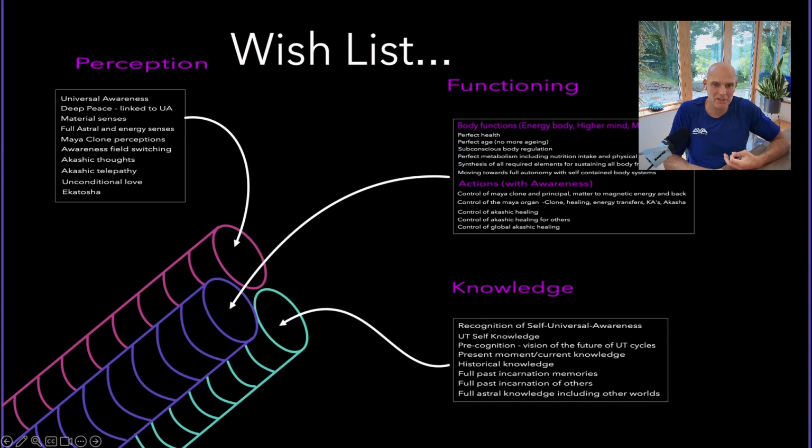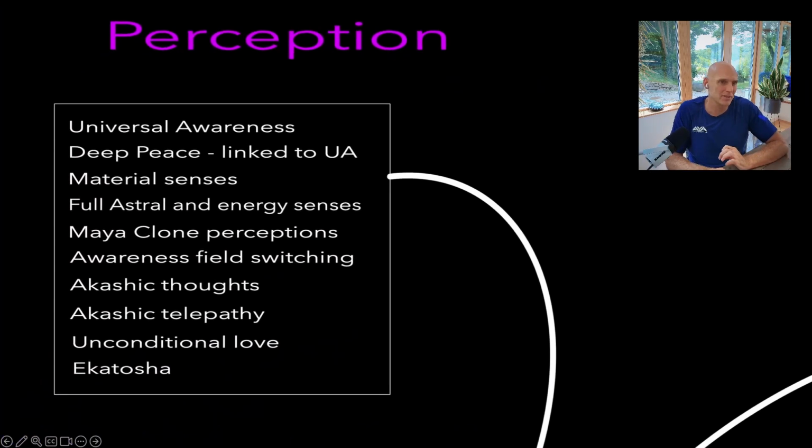And you got the akashic spinal column there, and I've separated it out into 3 sections: perception, functioning, and knowledge. Now, don't worry too much about what the contents are here. Everybody's will be different, and there's no right or wrong, and you can put whatever you want in this, basically. So, for example, in perceptions, I've put, of course, in a self-realized state, you need to be aware.